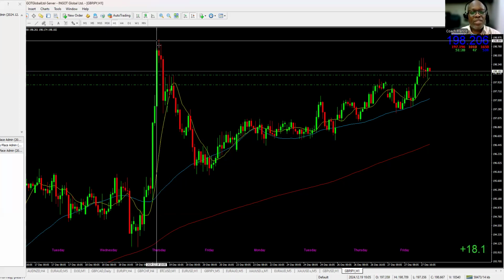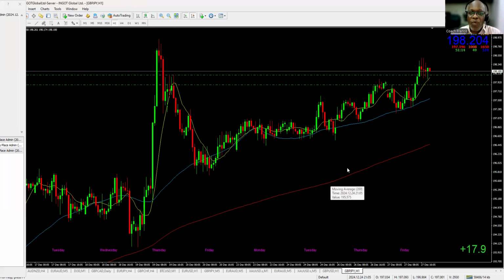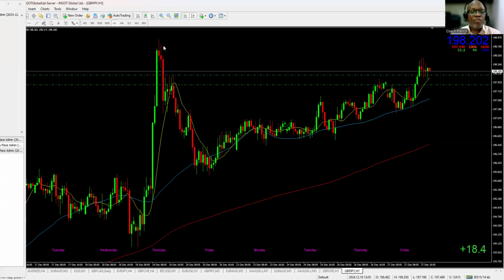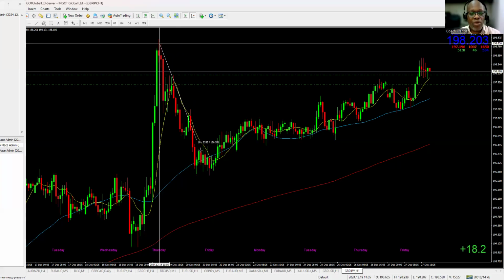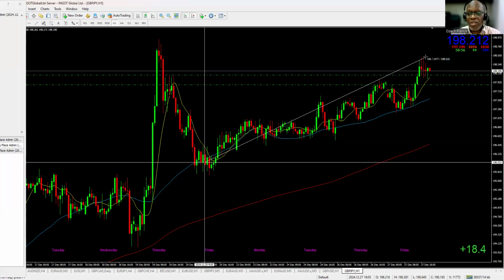And of course, we see that the market retraced and it has now continued. So that is basically what I traded: the pullback continuation, or if you like, the continuation of the initial move. This is the initial move from here, which we call the impulse move. This is the correction or the pullback. And from here is the continuation.